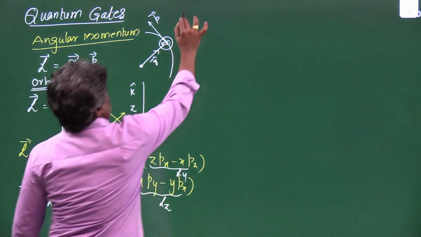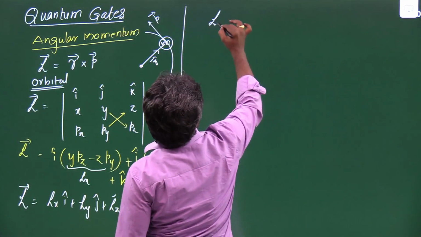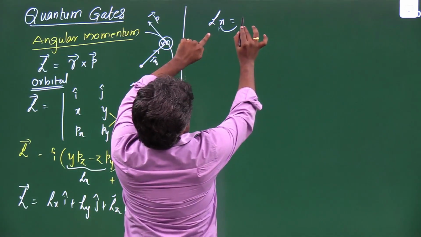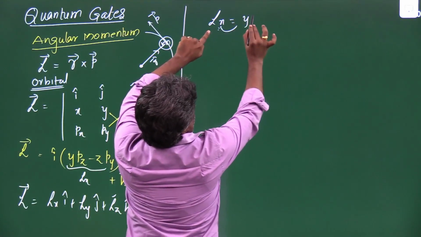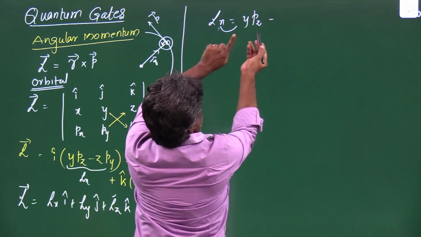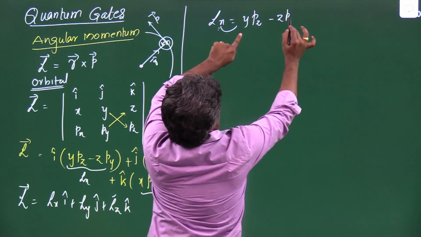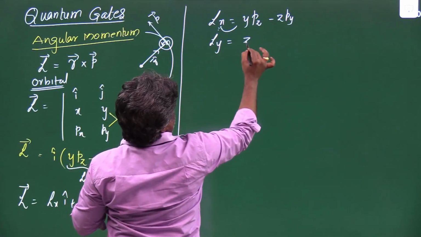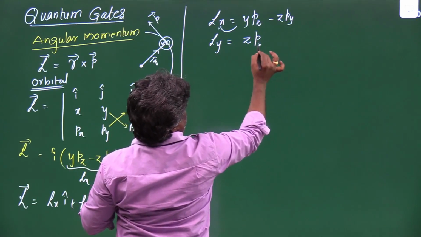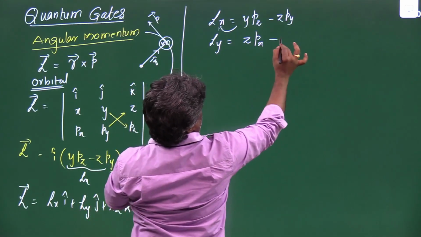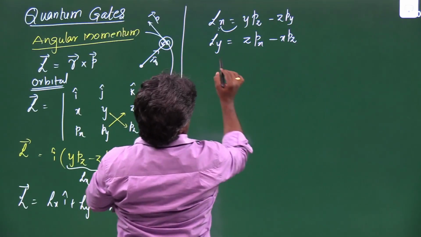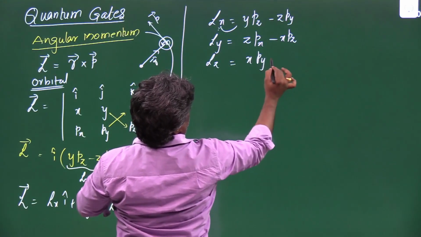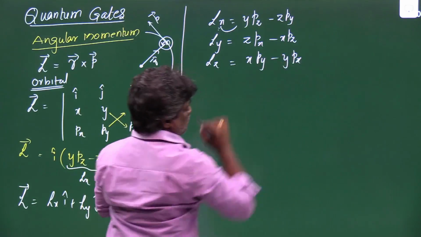So if I write these components, Lx, sir, x after y, y after z, pz minus reverse z py. Now Ly, y after z, z after x, px minus reverse x pz. Similarly Lz, z after x, x after y, reverse y px.